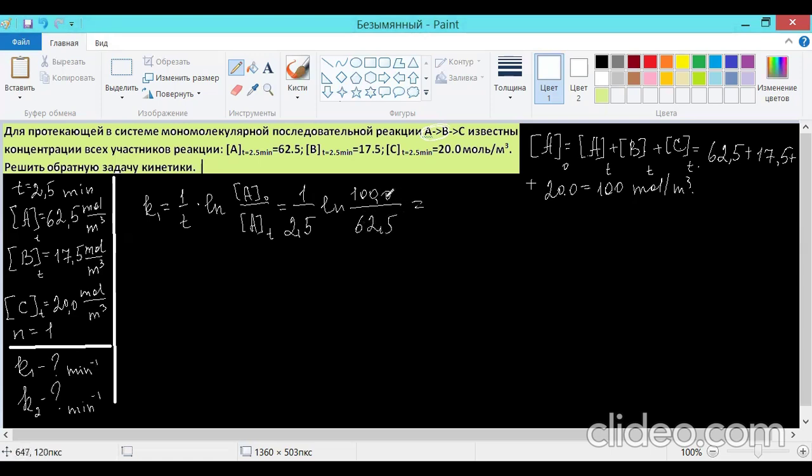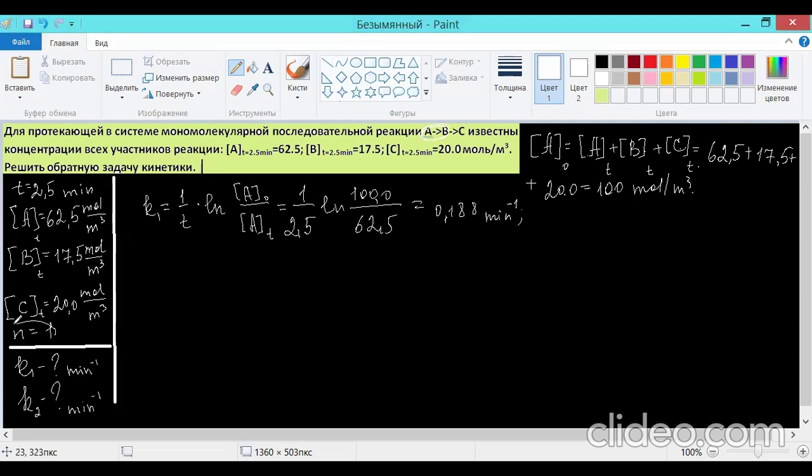Okay, and my calculator says that the rate constant of the first reaction is equal to 0.188 minutes raised to -1. Okay, why -1?